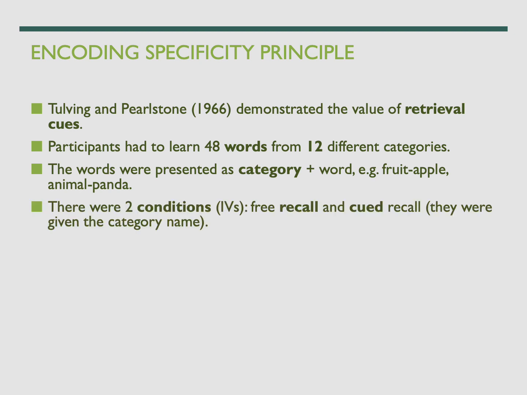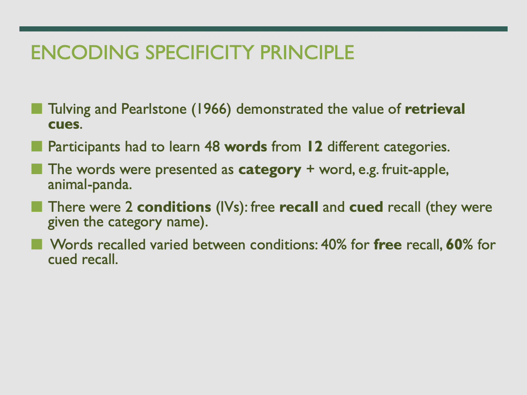There were two conditions, two IVs, two things that the researcher manipulated. So the first condition was free recall. And in this condition, the participants just stated every word that they remembered. And then in the cued recall, they were given the category. So they might have said, name all the animals you can remember.